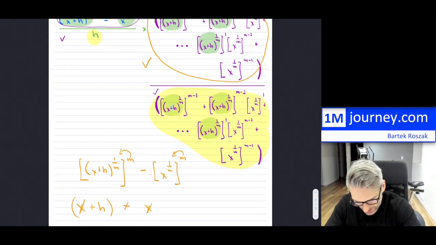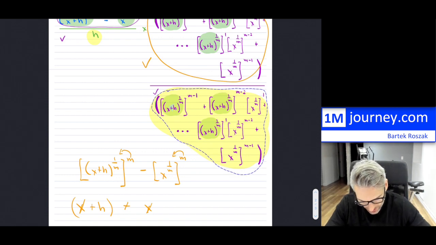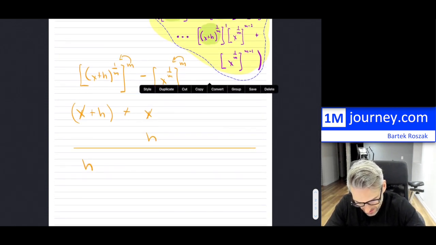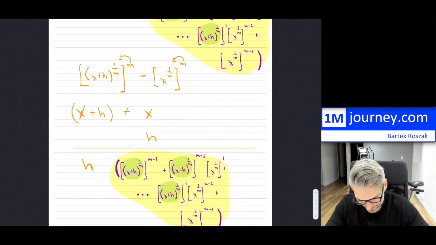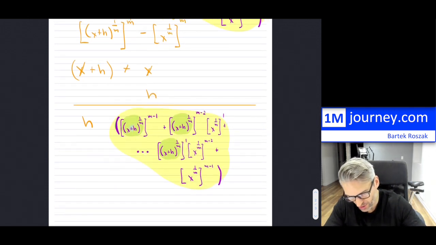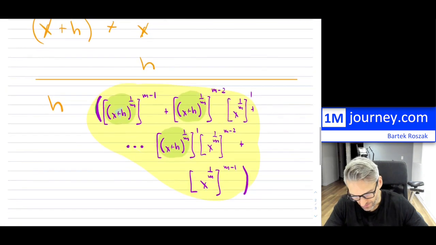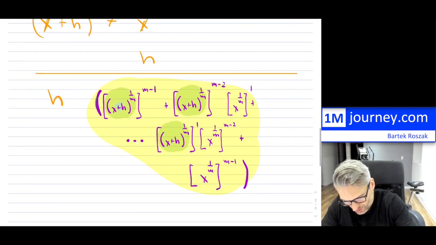So all of this is still in the denominator. I'm going to take that, duplicate it, and bring it in here. But it actually doesn't cause us any problems as we take the limit. So this will cancel. So that's fine.